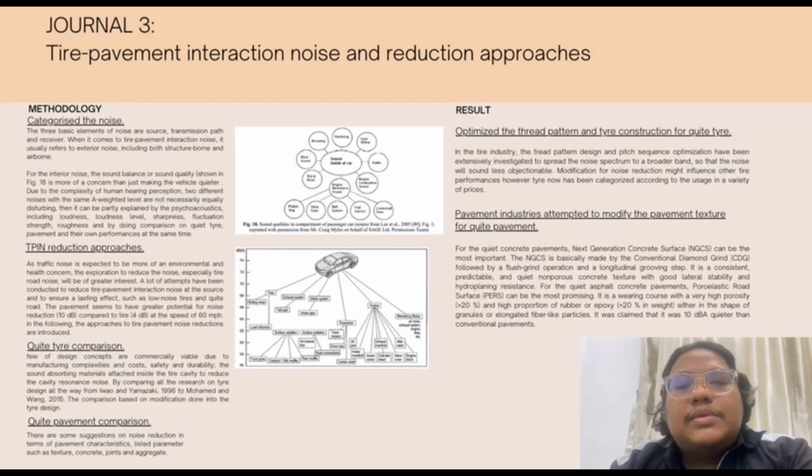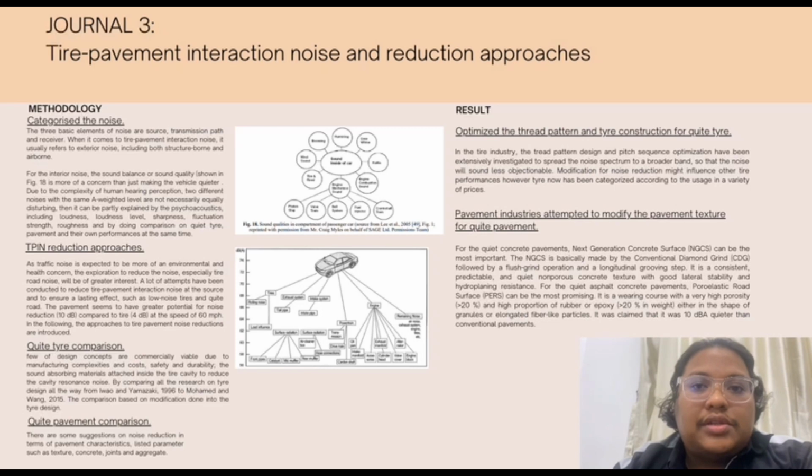A lot of attempts have been conducted to reduce the tire pavement interaction noise at the source and to ensure a lasting effect, such as low noise tire and quiet road. The pavement seems to have a greater potential for noise reduction, which is 10 dB compared to the tire's 4 dB at the speed of 60 miles per hour. In the following, the approaches to tire pavement noise reduction are introduced.